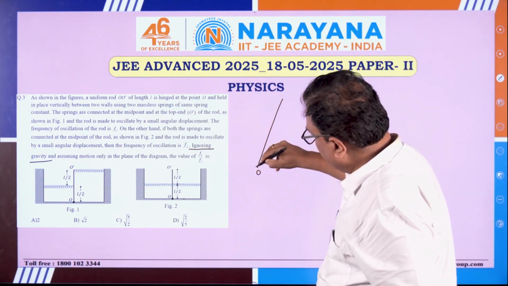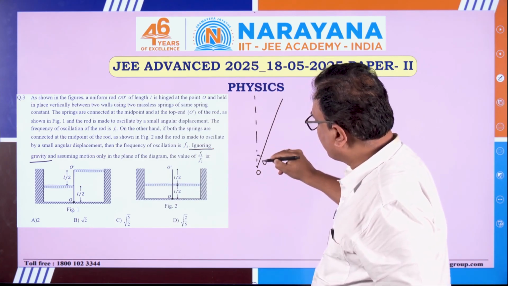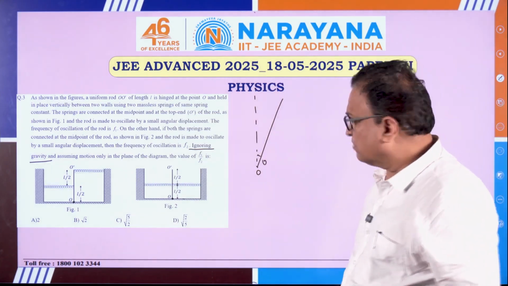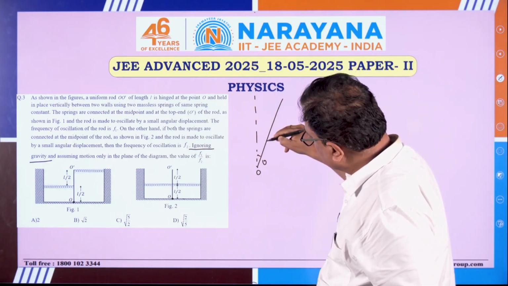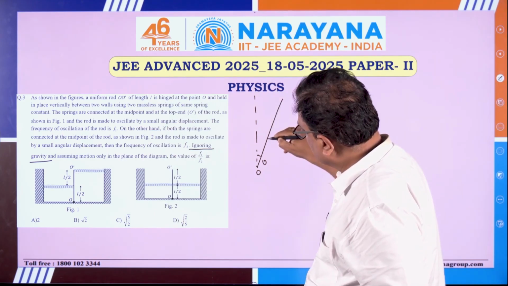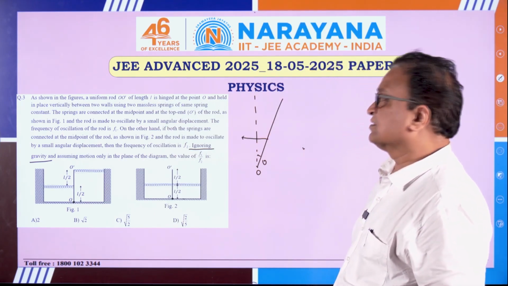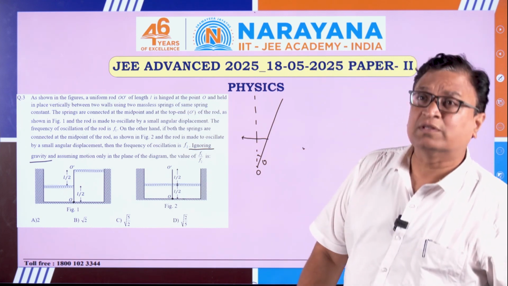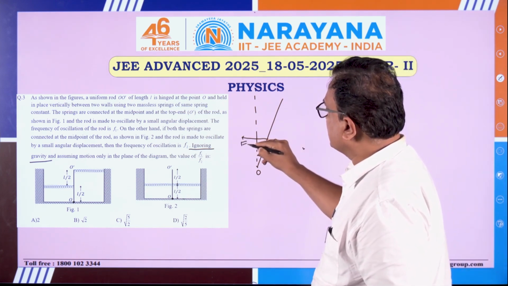See, if it turns by a small angle theta, for example, a small angle theta, then in this case you will experience a spring force because of the elongation L by 2 theta. So therefore, here the force is F1.